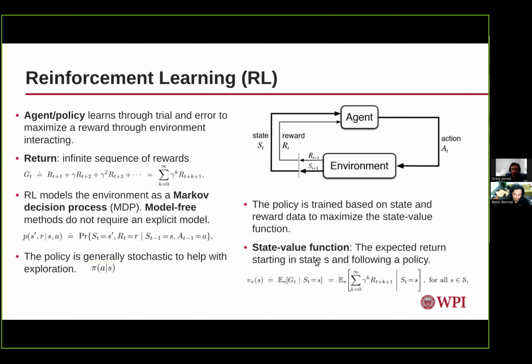Essentially, it gives the value of a particular state, represented as an expectation under the policy of the return from that state. Now, there are more advanced algorithms such as PPO, or proximal policy optimization, which we used, that uses deep reinforcement learning. We don't go over the details of that, but we wanted to include this slide to give you some intuition.